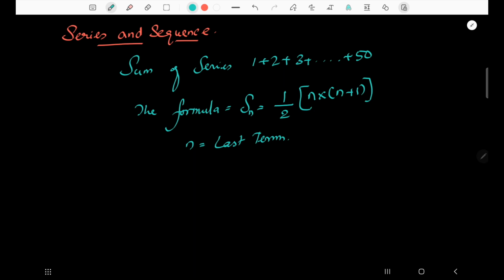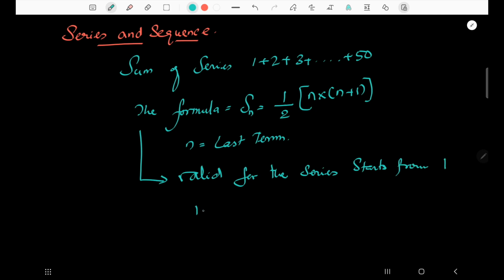This formula is used when the first term is 1. So this formula is valid for a series that starts from 1.